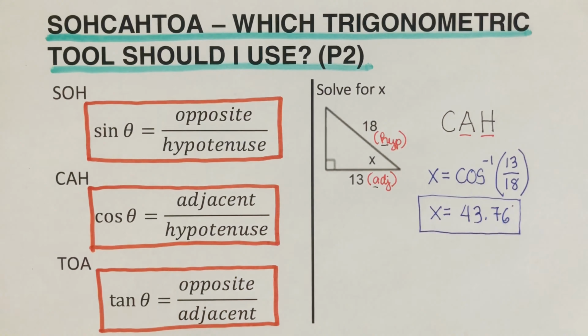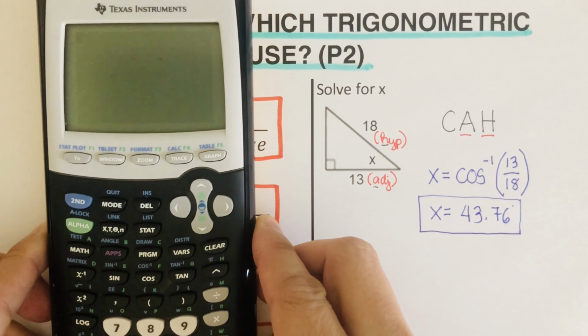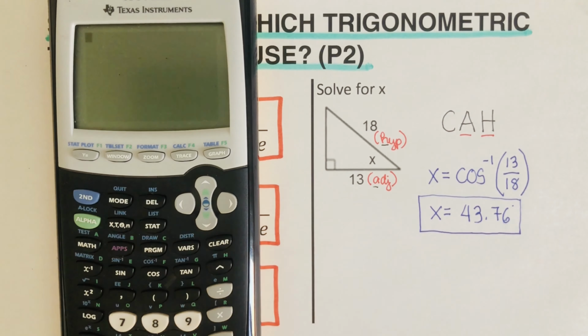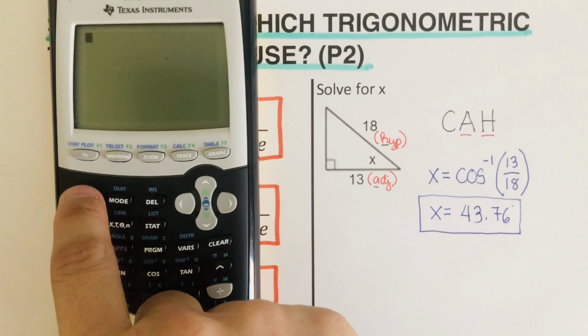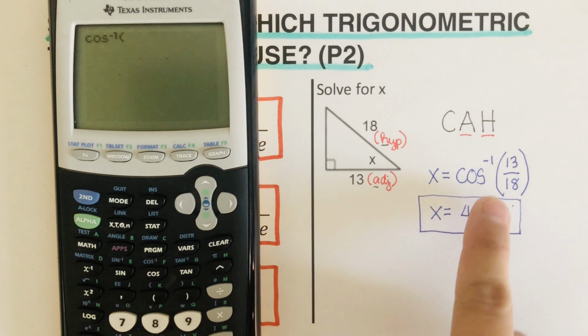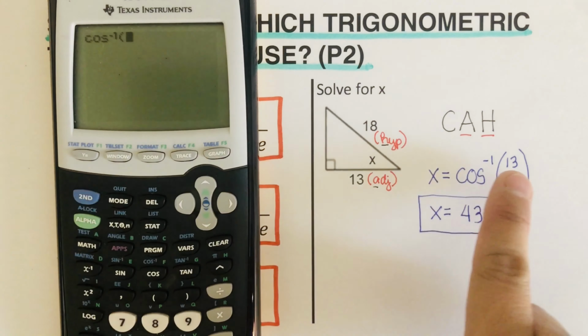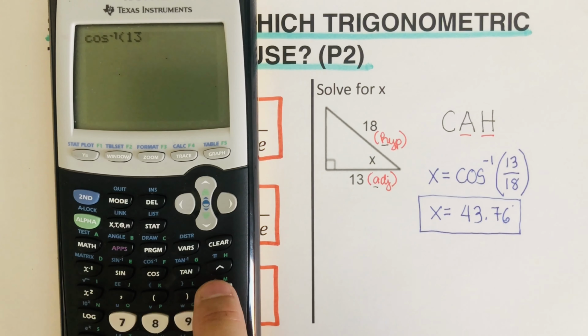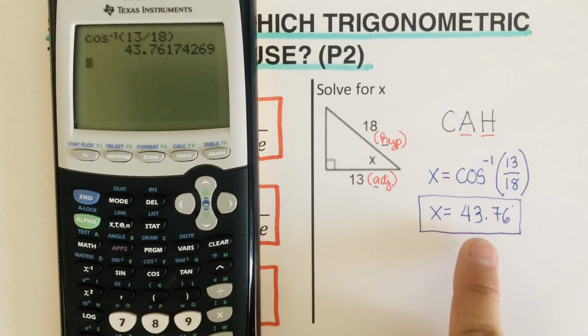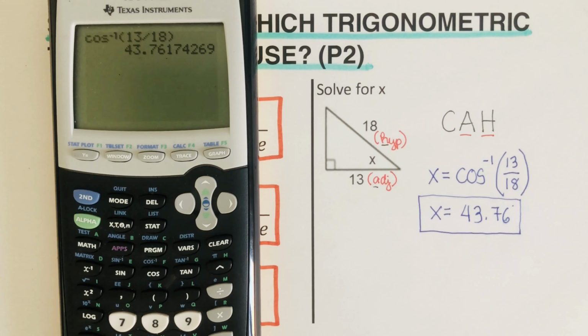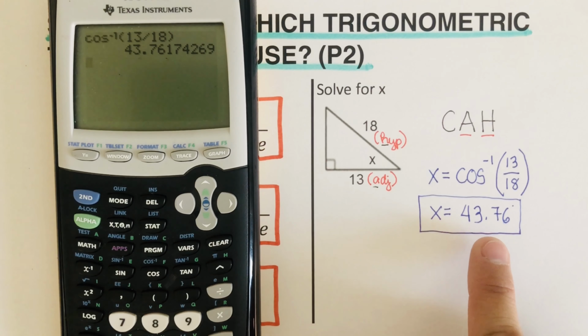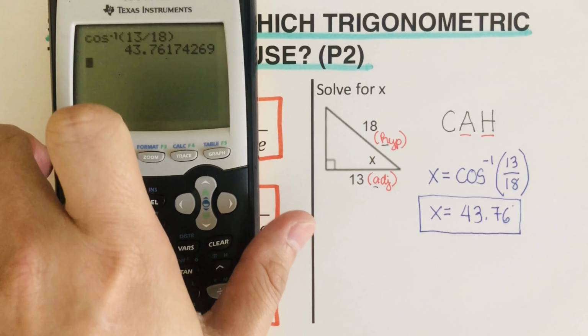If you are using the yellow calculator, you hit second and then cosine, and that will be set up for you. Then you type in 13 divided by 18, close the parentheses, and that should give you the correct answer. If it doesn't come out to 43.76, please check the setting of the calculator. It may not be in degrees.